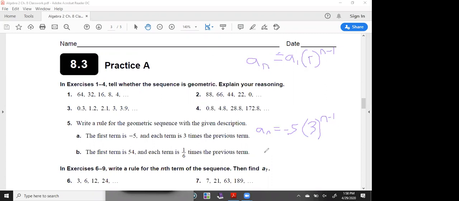What about the next one? It's our part B. It says a sub n equals 54 is my first term, times my r, which is 1/6, to the n minus 1. So that's how we do number 5.